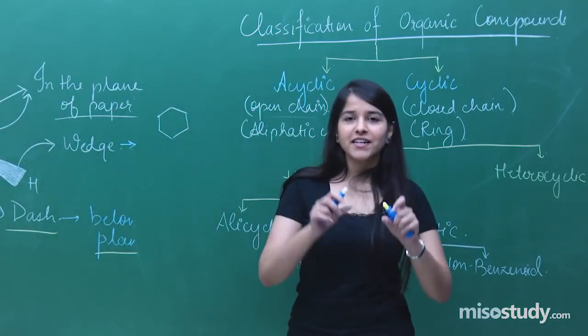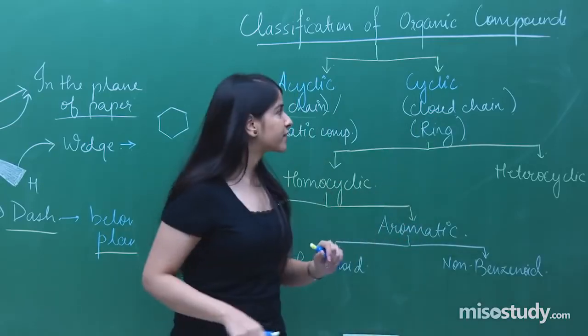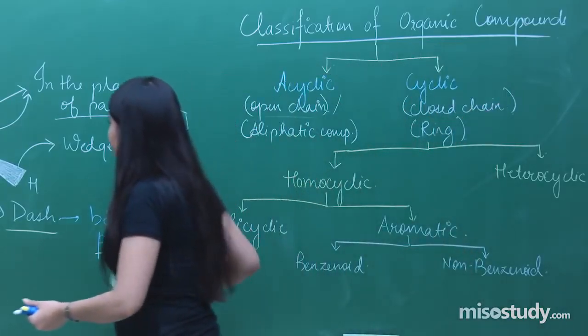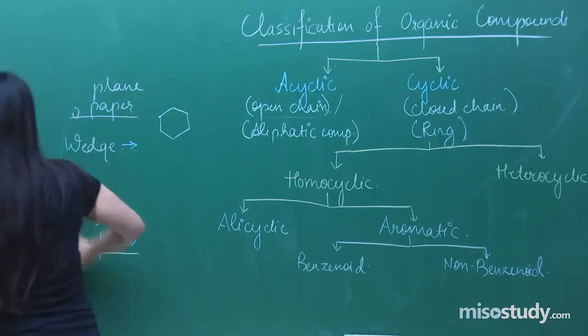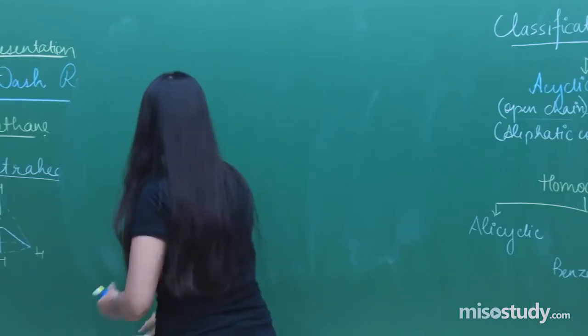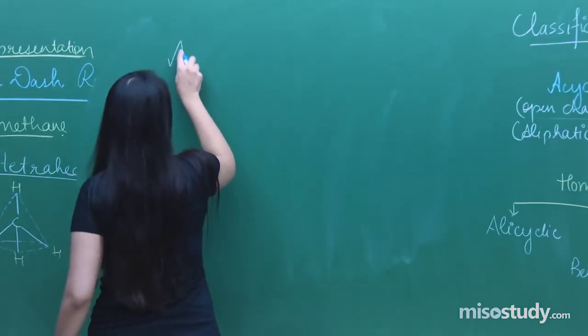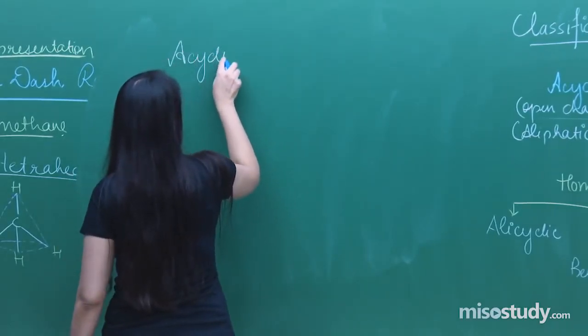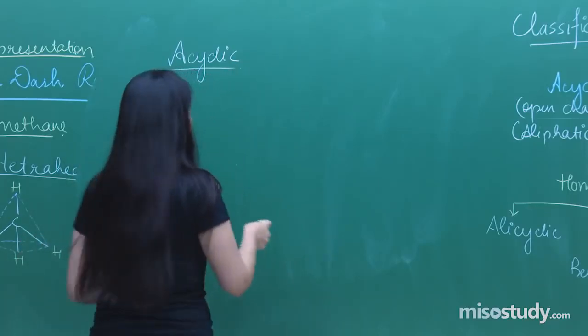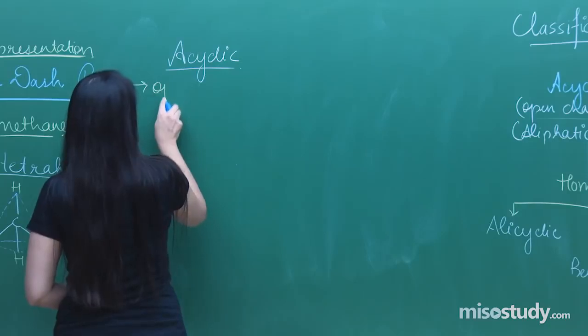Let us discuss the examples for each one of them. First I will be dealing with acyclic and then cyclic. So let us move on. For the acyclic, what are acyclic? Those which are not cyclic, that means open chain.